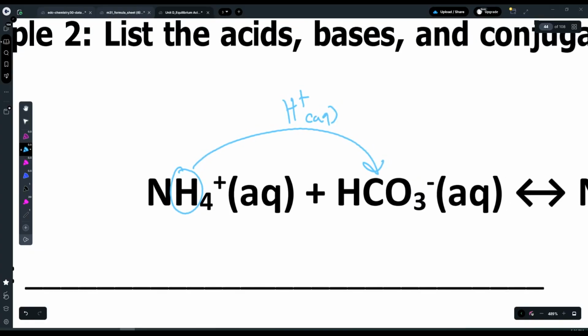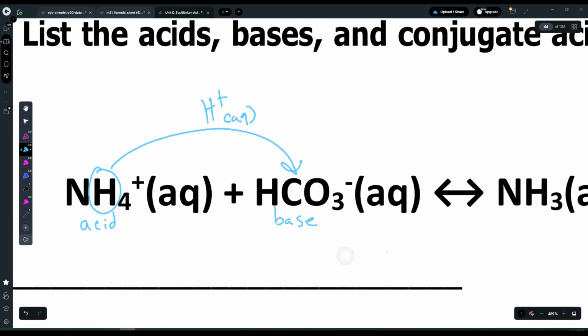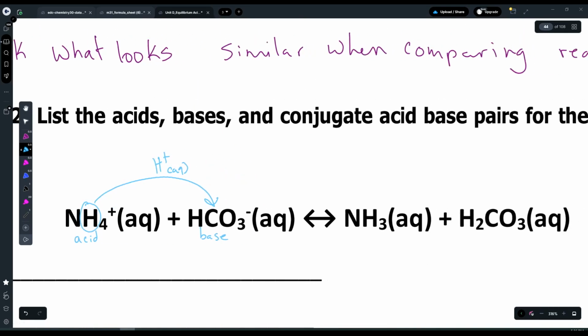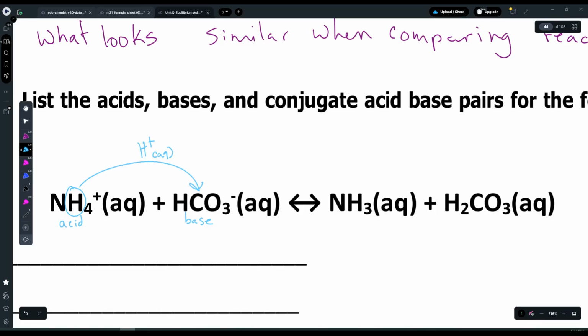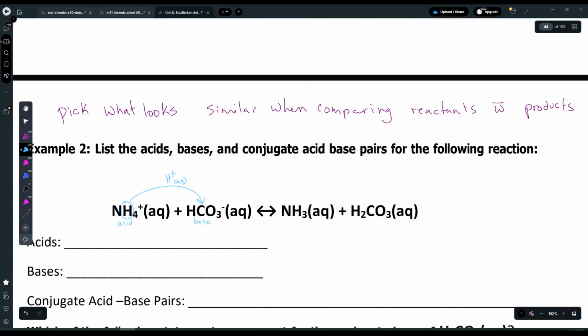Okay, so given this, we got to label what is our acid and our base. So this is our acid because it gave away its hydrogen. This is our base because it gained a hydrogen or accepted a hydrogen. Okay, now with figuring out conjugate acid-base pair, we compare what looks similar between reactants and products.